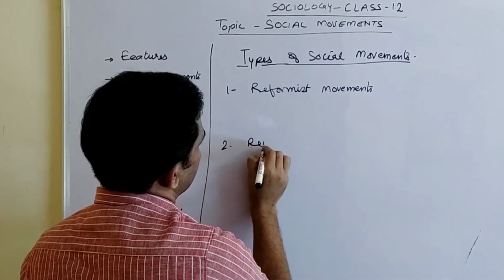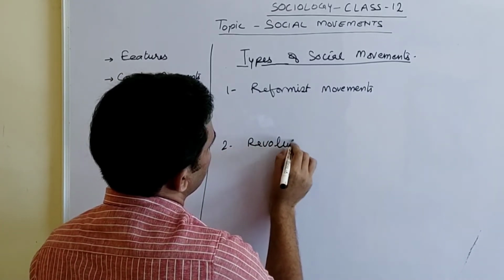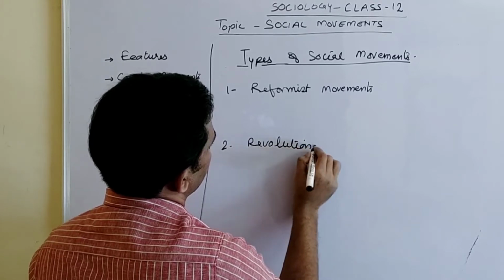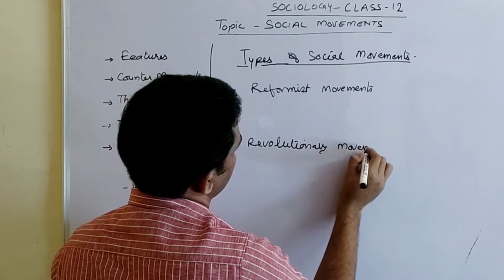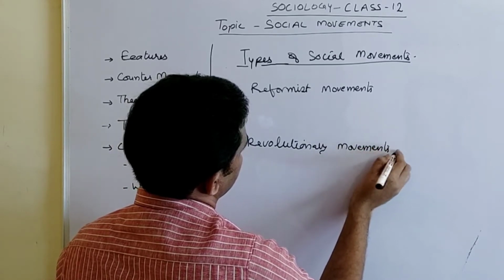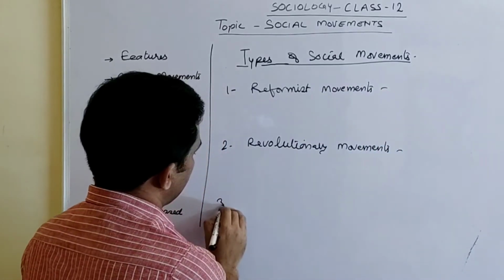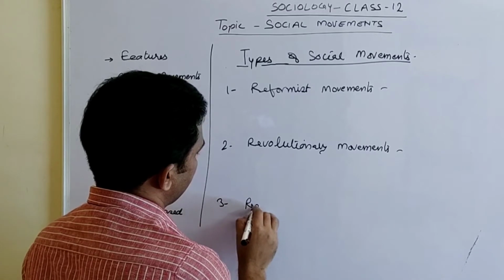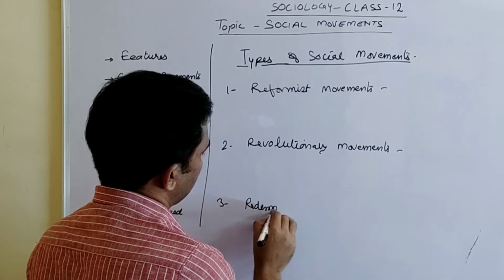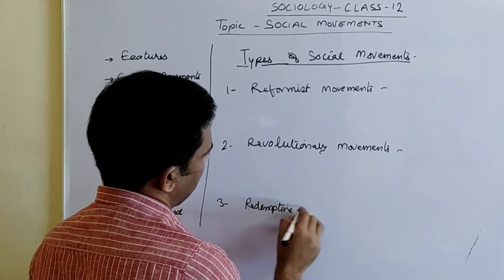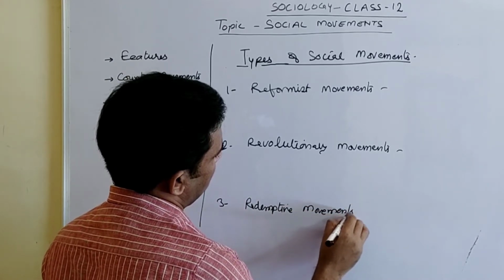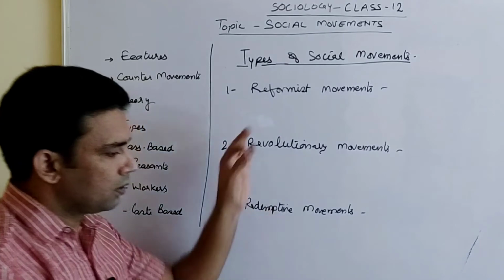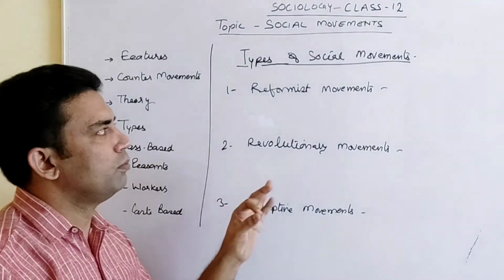The second one is revolutionary movements. And the third one we have is redemptive movements. These three are the types of movements which we have.